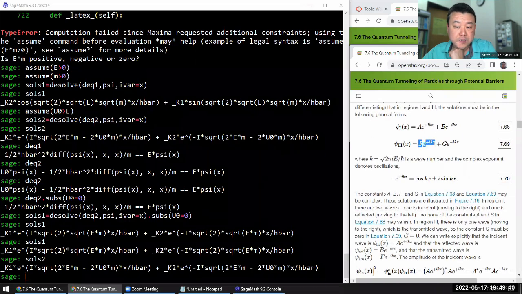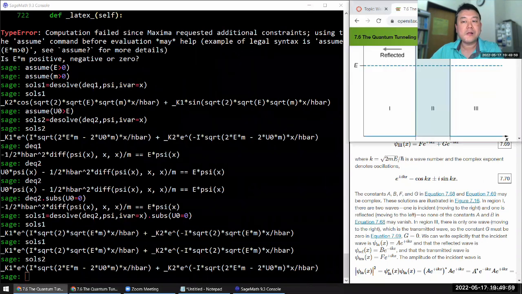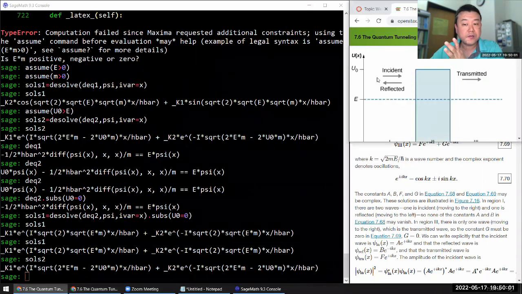This portion stands for a wave that's traveling to the right, positive momentum, and this stands for the wave that's traveling to the left, negative momentum. In order to make this solvable, they specify an initial condition that the wave is coming from left to right. So in this region, there are incident and reflected waves. You have waves going in both directions. But once you are through the barrier, you only have transmitted waves.